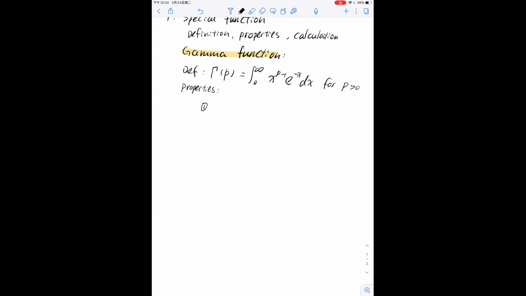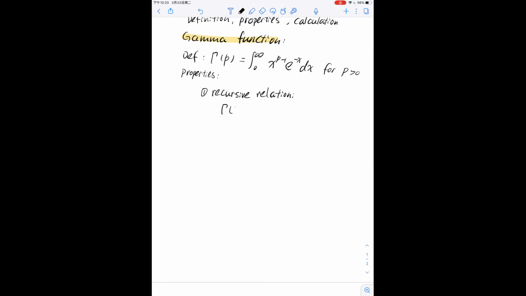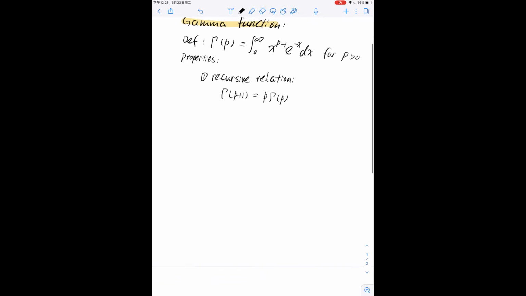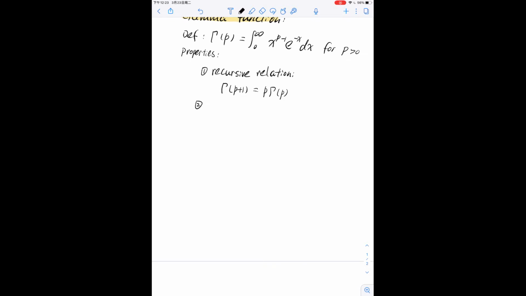First, there is a recursive relation. That is gamma(p+1) equals p times gamma(p). Another is that we can actually calculate it: gamma of 1/2 equals the square root of pi.